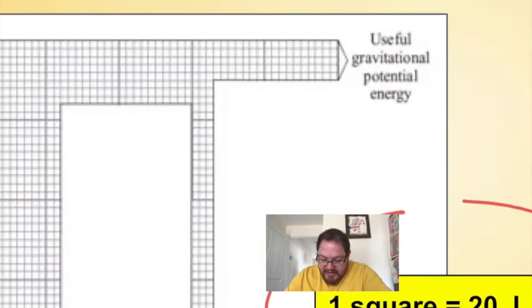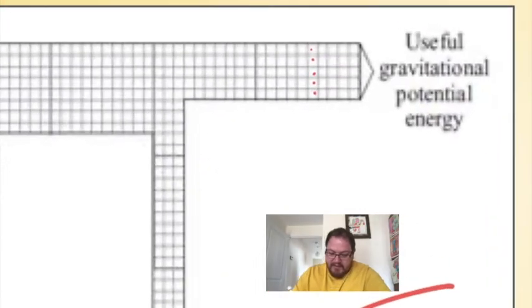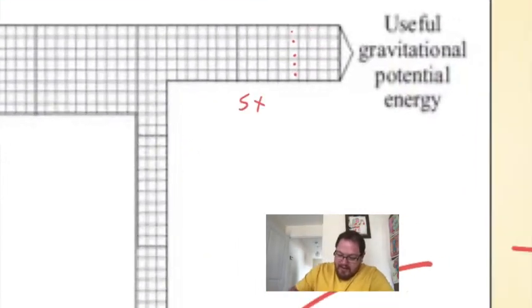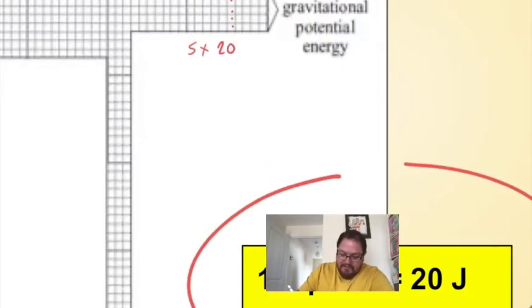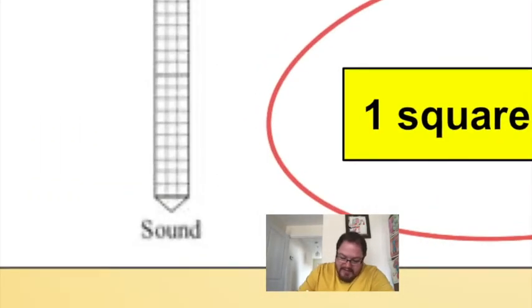Now it's these ones I need to work out. My useful energy is gravitational potential. I got 1, 2, 3, 4, 5 squares there, so that's going to be 5 times 20, that's 100 joules. Then my wasted energy, I got 1, 2, 3, so 3 times 20 is going to be 60 joules.